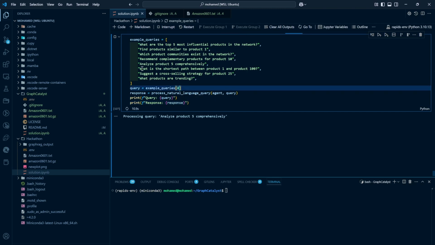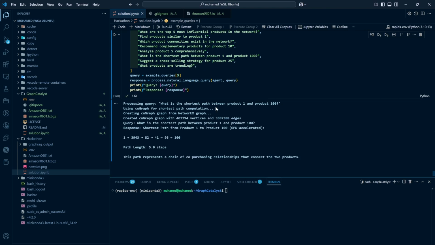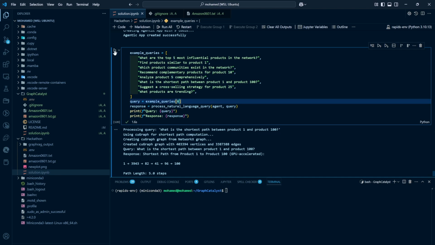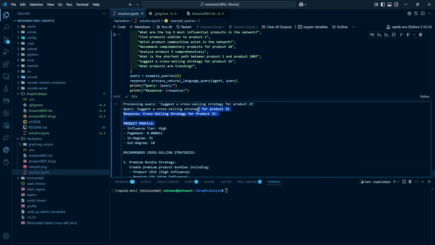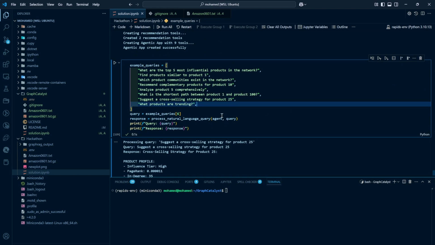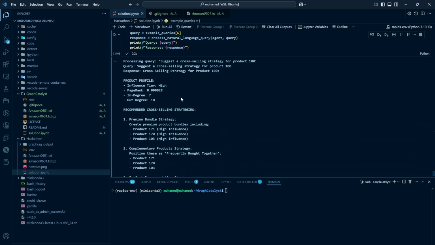We also have another query for identifying the shortest path, and also cross-selling strategies. So this one, if we want to know the shortest path between two products, and this query is for cross-selling strategies. So we're having the product profile, so we can define whatever product we want here. I can change this one to product 100, for instance. Again, it's creating a product profile.